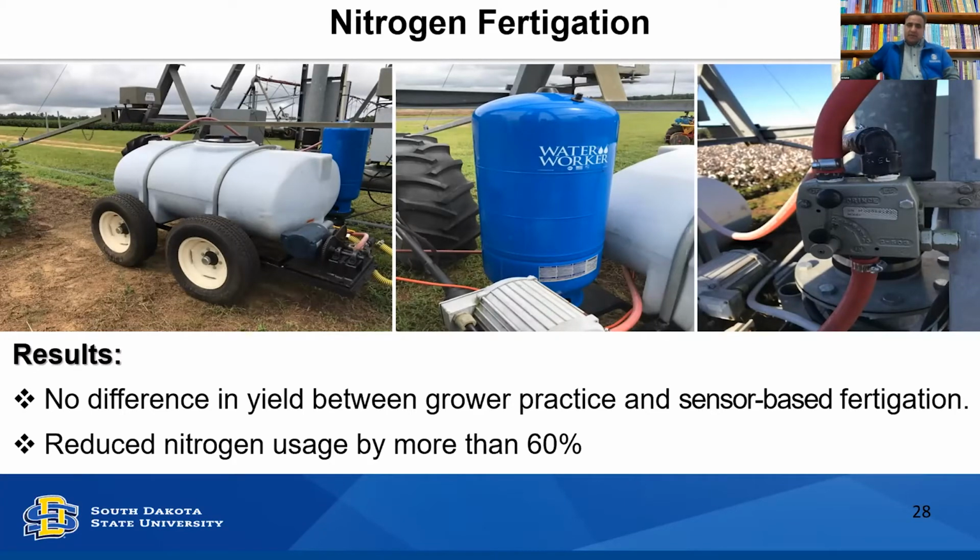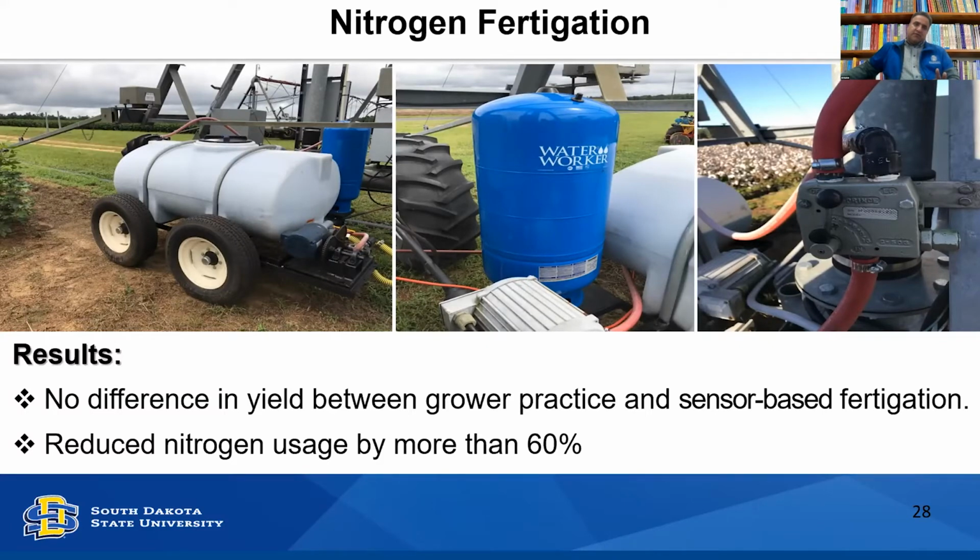Another system related to precision ag: if you have an irrigation system or precision irrigation system, you can use precision nitrogen fertigation or nutrient fertigation. With this system, you can apply a variable amount of application regardless of how much water you want to apply, if you have a separate fertigation system.